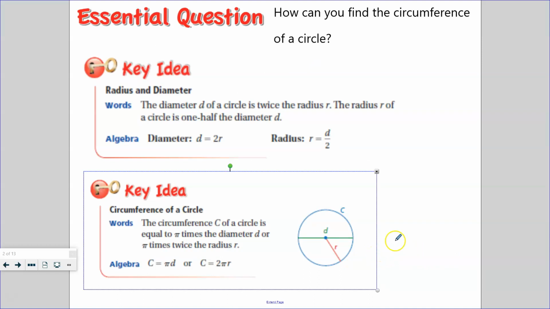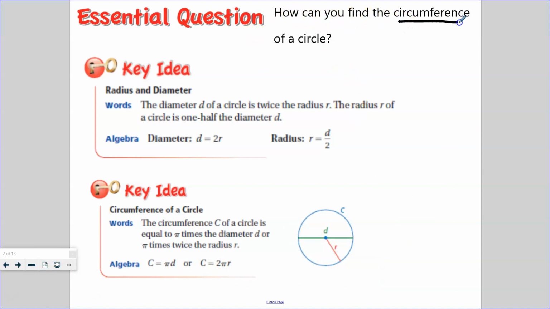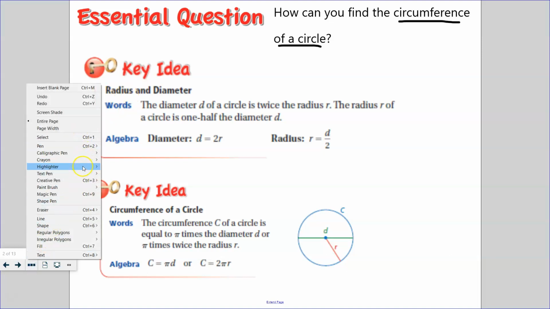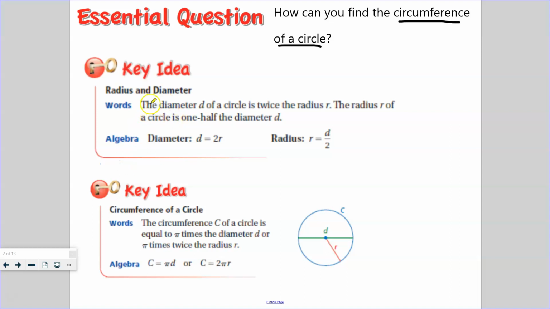All right. So today we are going to look at how you can find the circumference of a circle, right? And so we have a couple things here that we need to kind of remind our brains about. One is the word radius, right?